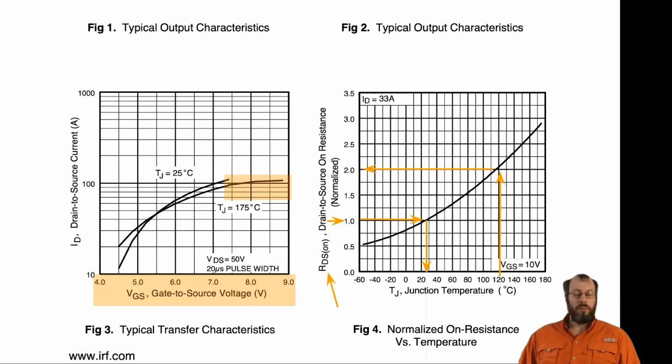Another condition for this diagram is that the drain current is 33 amps, which is the maximum of the device, and the gate source voltage, the controlling voltage, is 10 volts. Note that these 10 volts are actually outside the scope of the diagram on the left side.